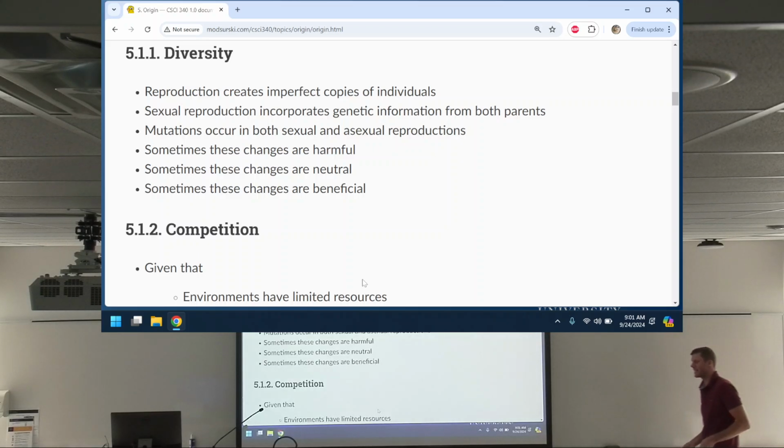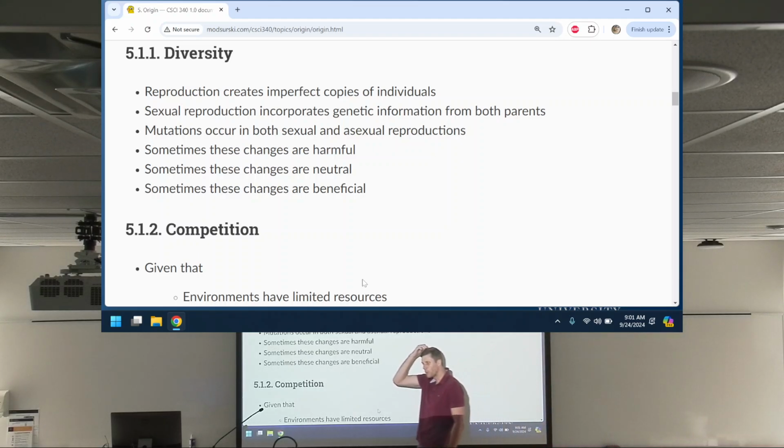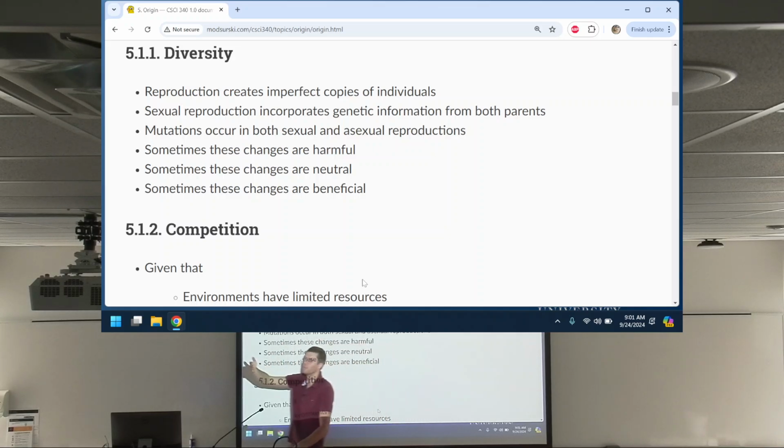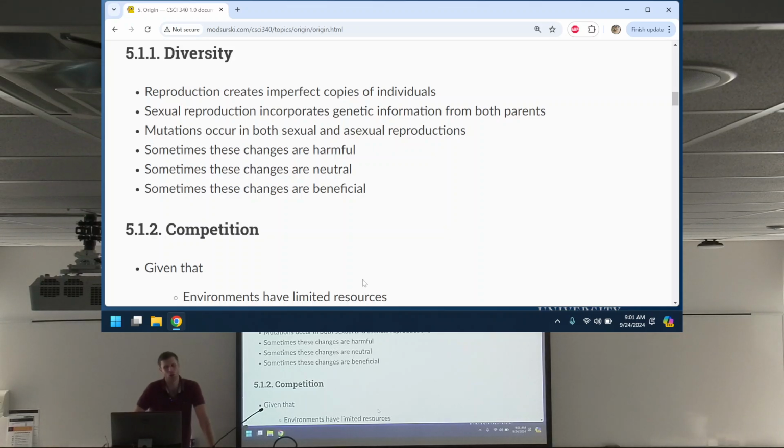And what's interesting is we get a lot of benign, neutral changes. Negative changes will obviously die out fast, but good changes can take a long time to take over a population.